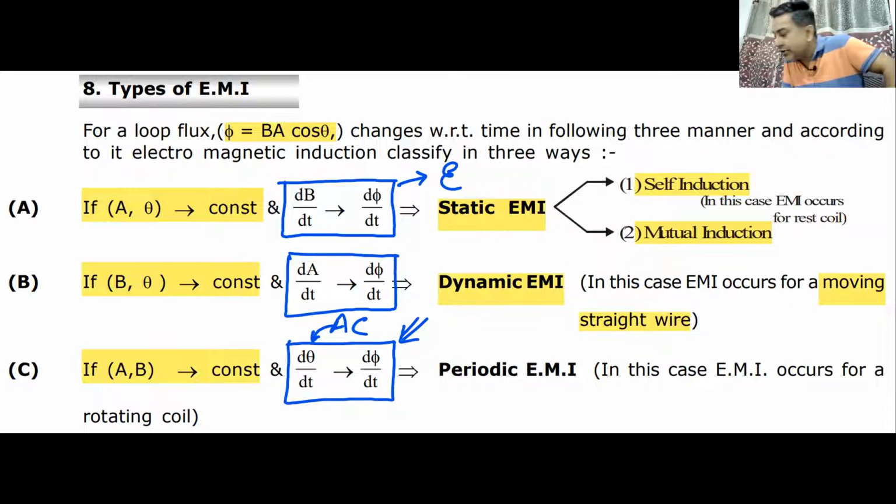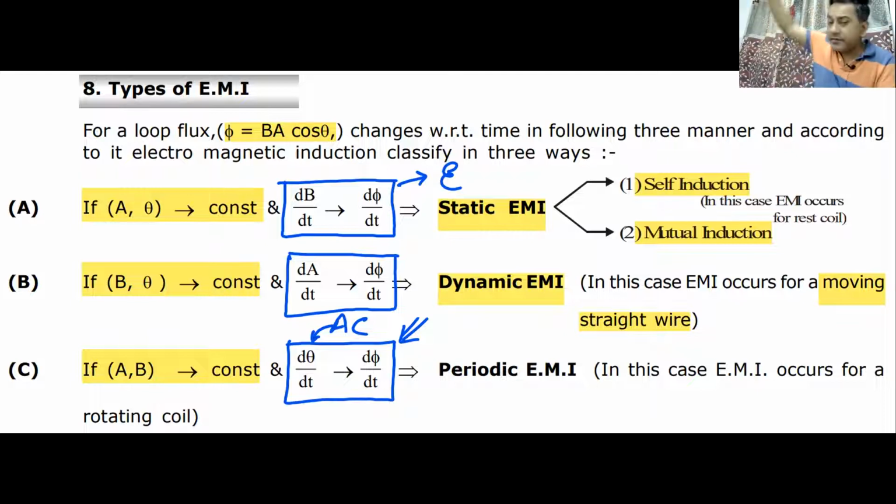The alternating generator, the way electricity is generated in power plants, is by this method of changing angle with time. You have a coil placed inside a magnetic field, and that coil starts to rotate. When that coil starts to rotate, theta changes with time. B and A remain constant. This is known as periodic EMI.